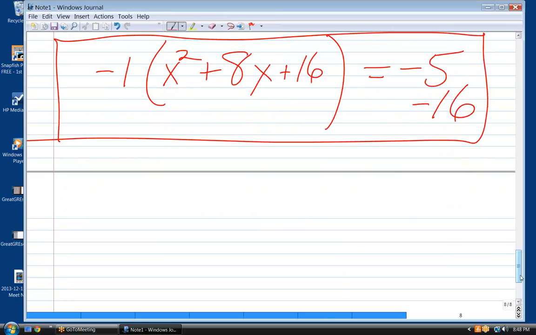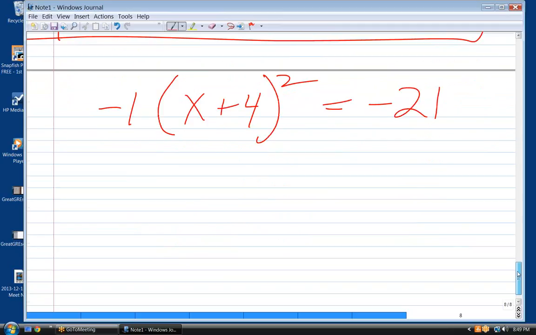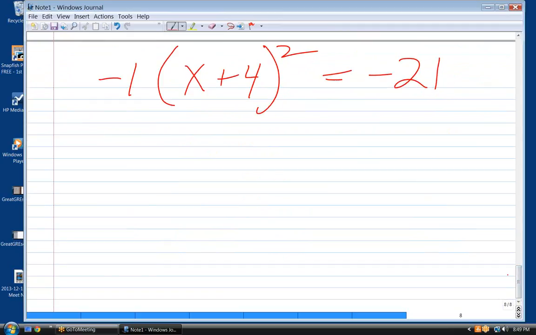The beauty is that now I'm able to write that as a binomial squared. So I have minus 1, and this always is whatever half of that middle coefficient was. Minus 5 and minus 16 is minus 21. Now what? Distribute negative 1.